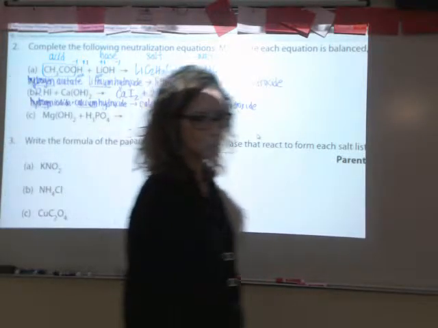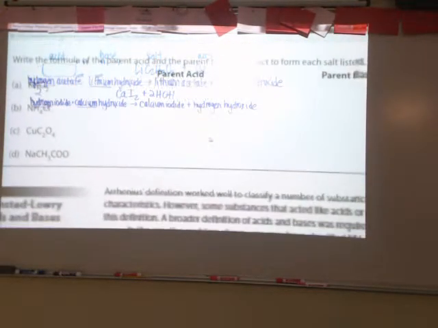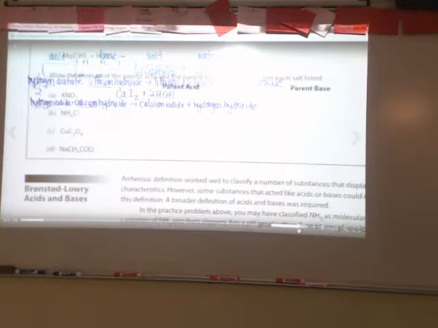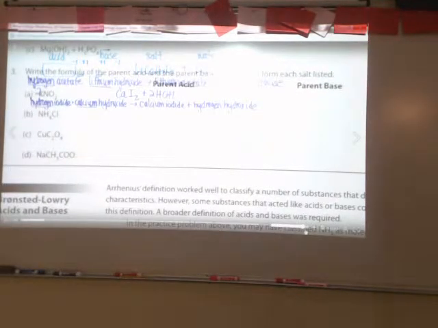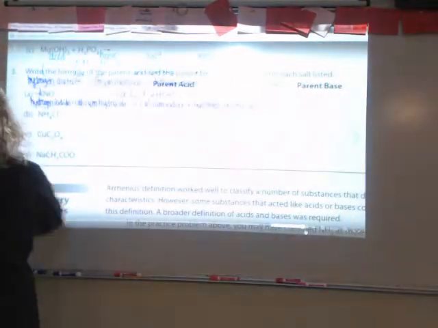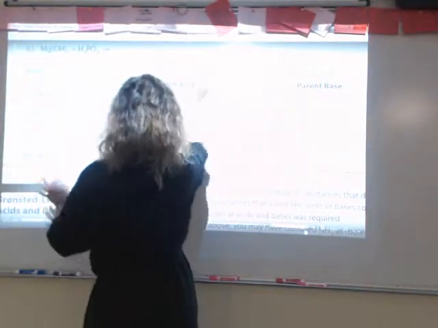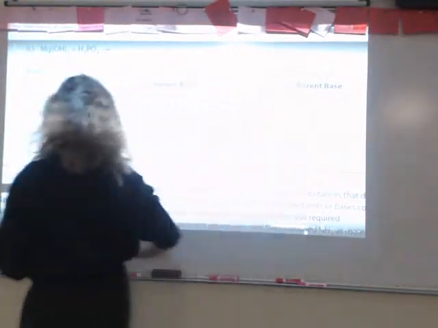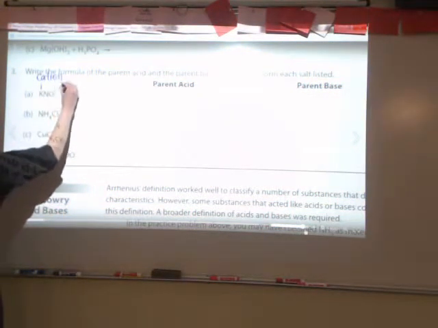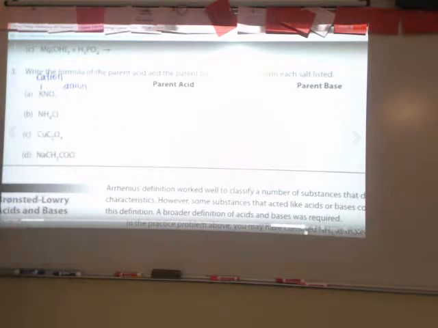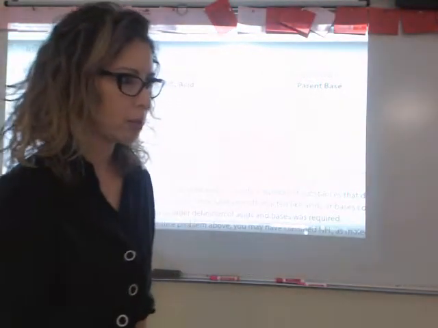Let's go on to one more practice problem. In number 3, they've given us some salts, and from those salts, which are made of a cation followed by an anion, I'm going to predict what the parent acid and the parent base were.